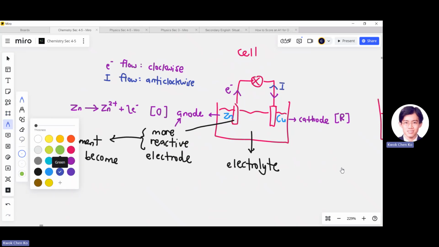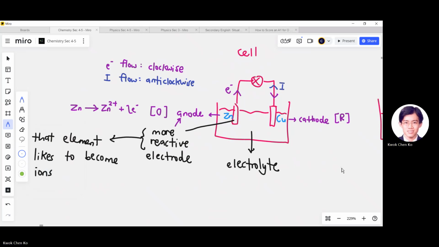Okay, next important question, which will almost 100% come up. Which electrode is positive? Which electrode is negative? Now, for me, I look at the current flow. Of course, you can remember through other methods.